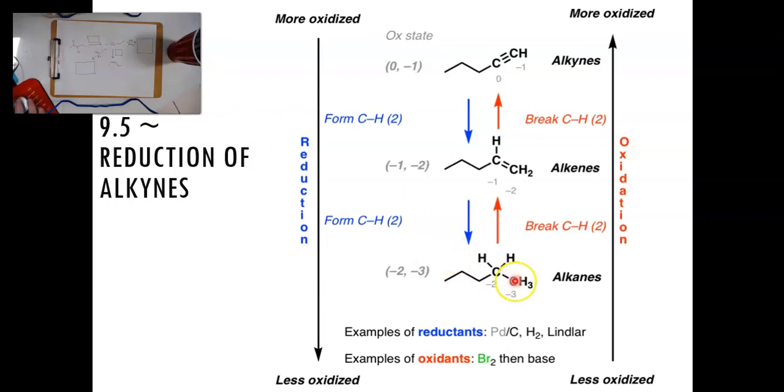As we go from an alkane to an alkene to an alkyne, we are breaking the carbon-hydrogen bond, so we're losing the hydrogens from that carbon. So it's becoming more oxidized as we go up this list. And as we go from an alkyne to an alkene to an alkane, we're gaining those hydrogens and we are going through reductions. I just want to make sure we understood how those words are used.